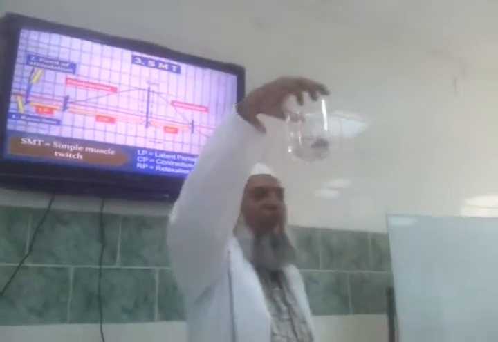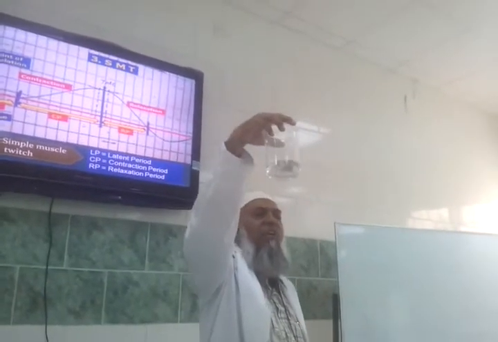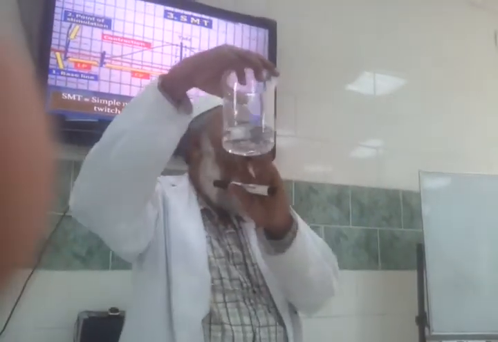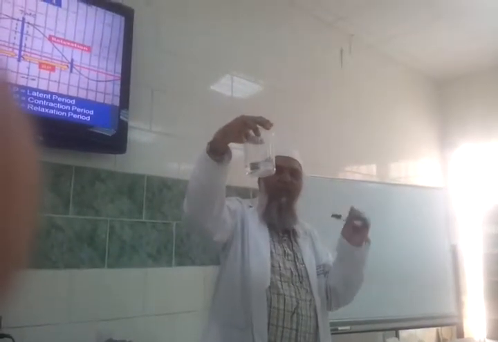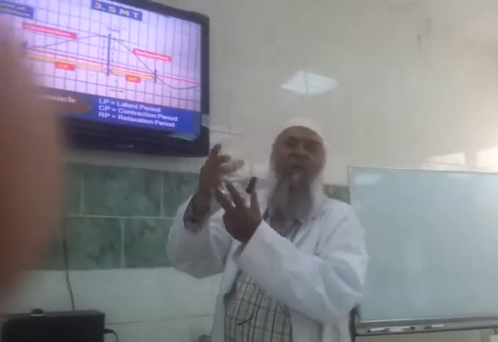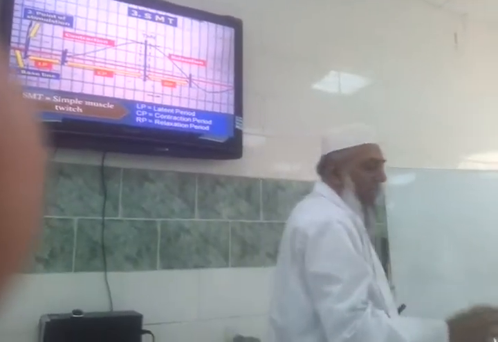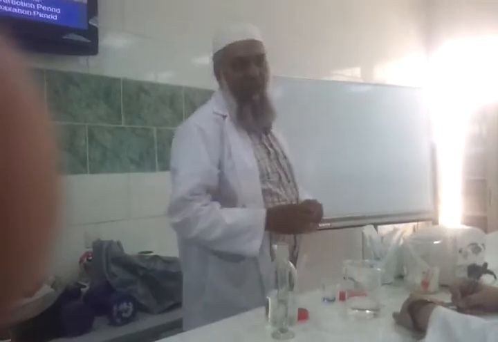So today, in the second exercise, you have to find out: this is a solution containing hydrochloric acid, or HCl. But we don't know how much HCl is in it, how much concentration, and how much is the molarity of this solution. We don't know. So we have to find out the molarity of this acid in this solution by the titration method.